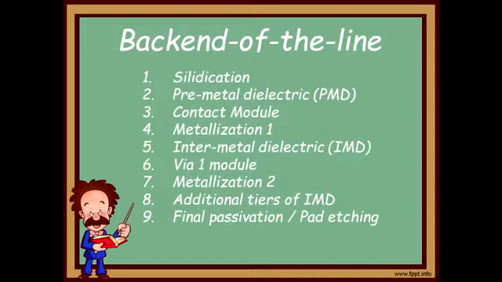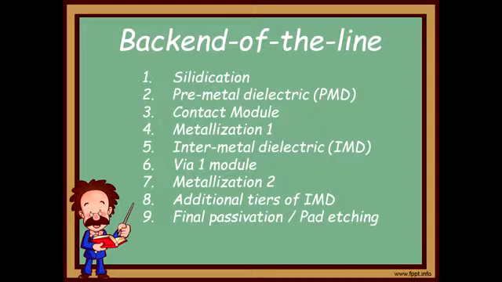The next process is the intermetal dielectric. So just like the second process, there is again the insertion of a dielectric material. Okay, and as you can see at the seventh process, metallization 2, there is again the process of metallization.